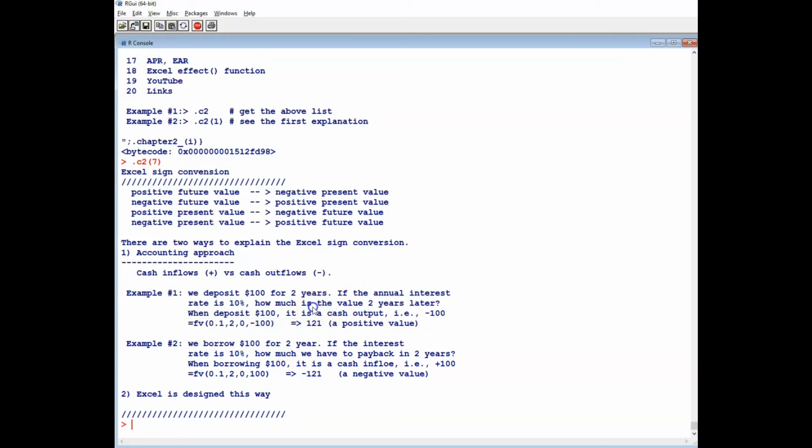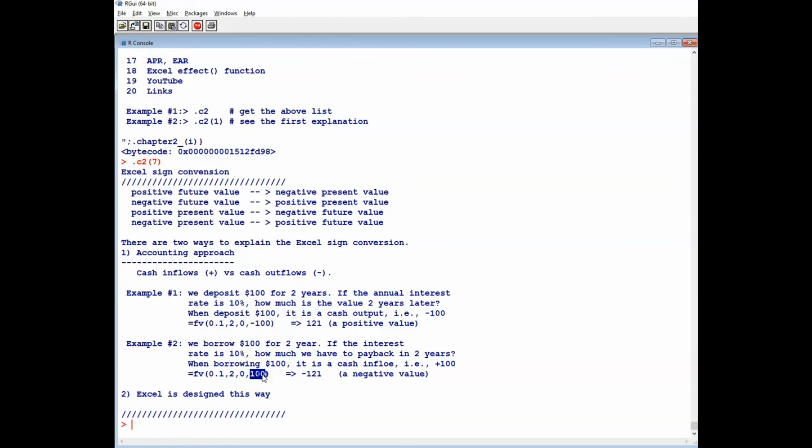Let's look at the other way around. If we borrow $100 today, because we borrow, it is a cash inflow, so we enter a positive value. When we deposit, it is a cash outflow.